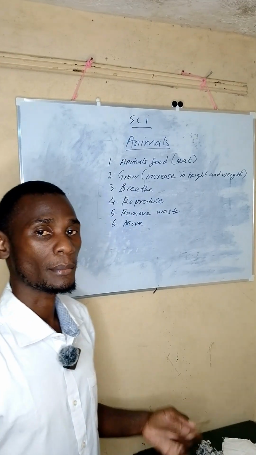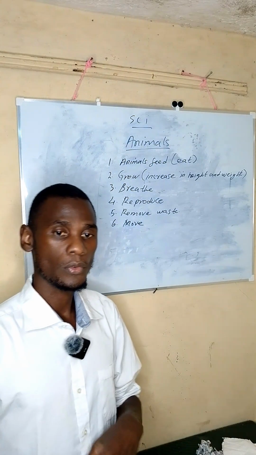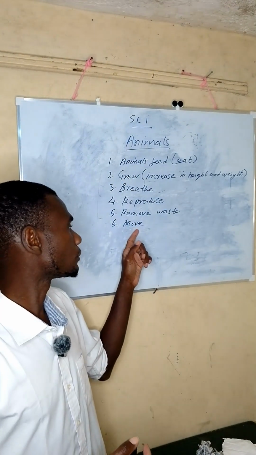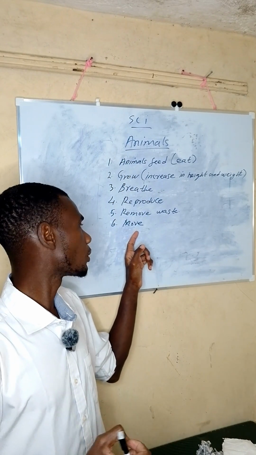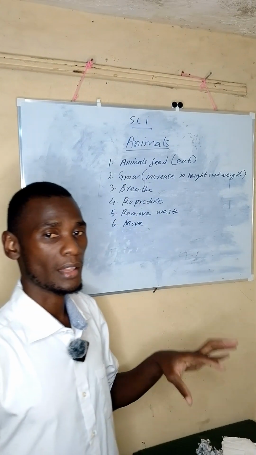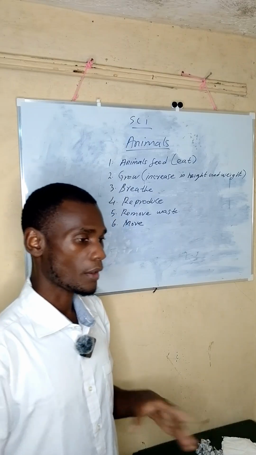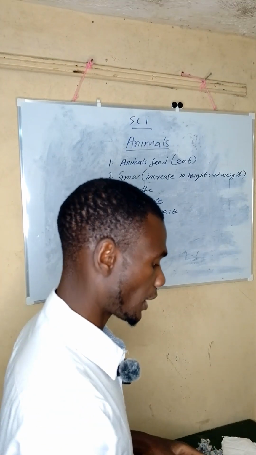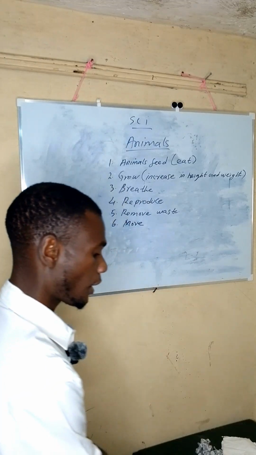That is for the plant. But for the animal, the whole body moves. So animals move from one place to another with the whole body, not part. The part of the body is for the plants. That is also another characteristic of animals.